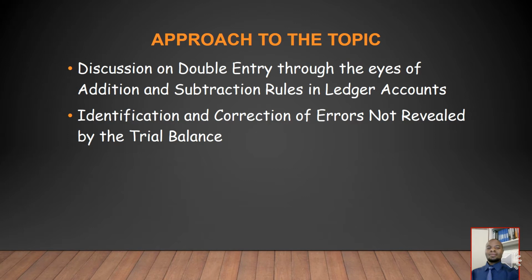We are going to discuss double entry as rules of addition and subtraction in the ledger accounts. Thereafter, we shall look at the identification and correction of errors not revealed by the trial balance. So only after we understand the addition and subtraction rules in ledger accounts can we identify and correct errors not revealed by the trial balance.